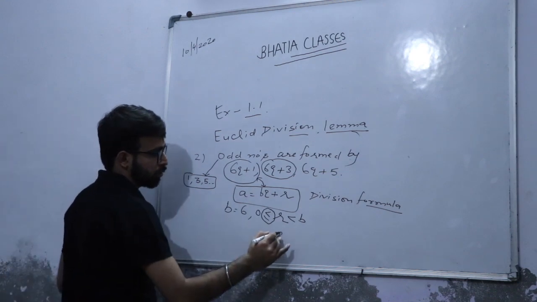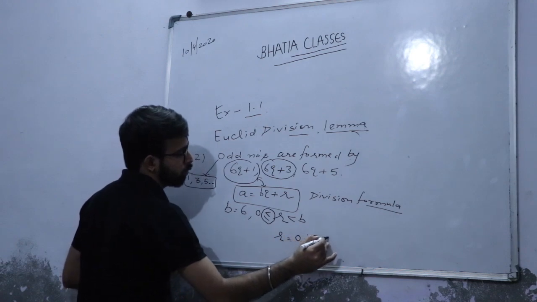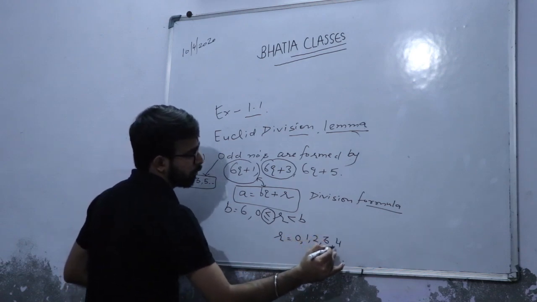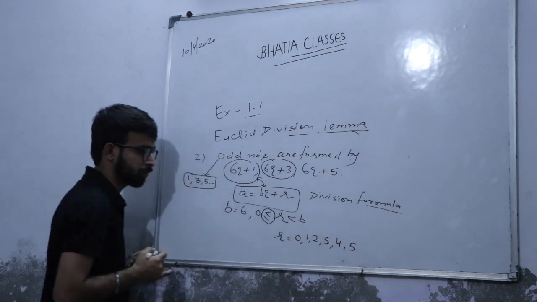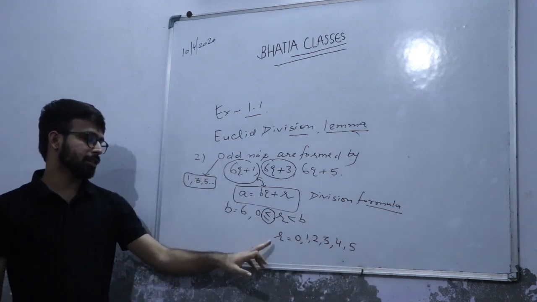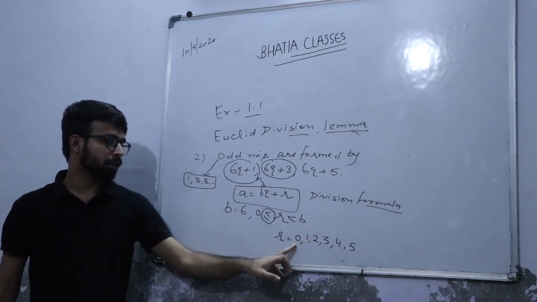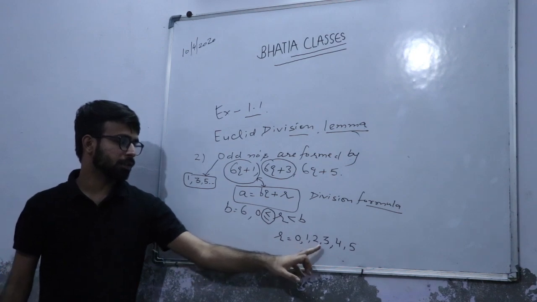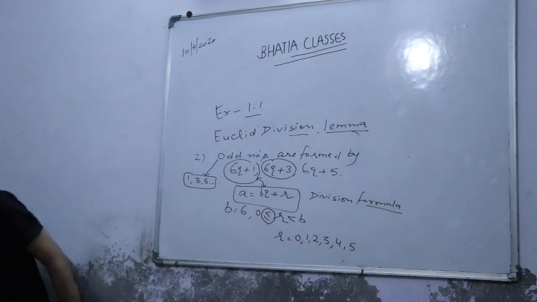I will show you how to write it. r will equal to 0, 1, 2, 3, 4, 5. r is starting from 0 and ending at 5. But calculate these numbers. These are 6. Next.